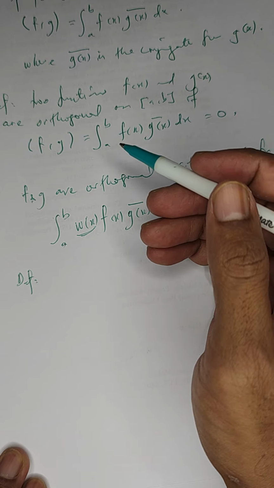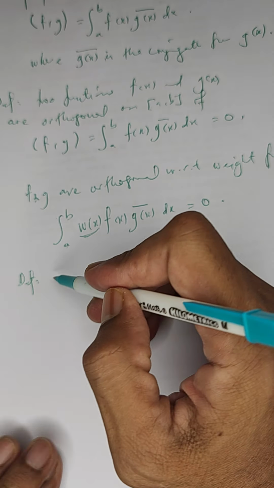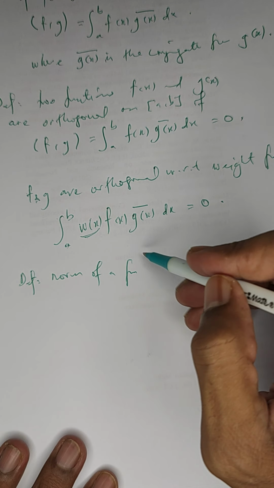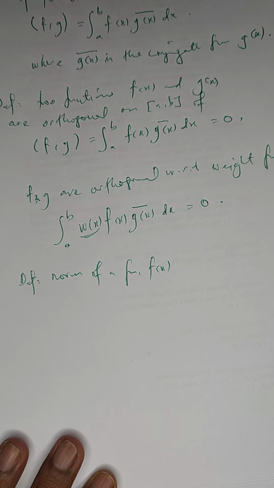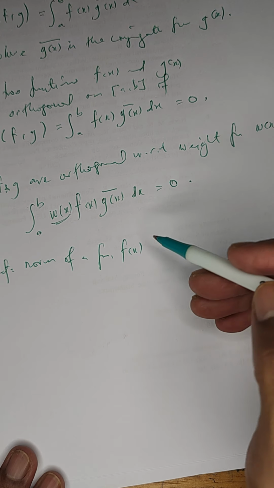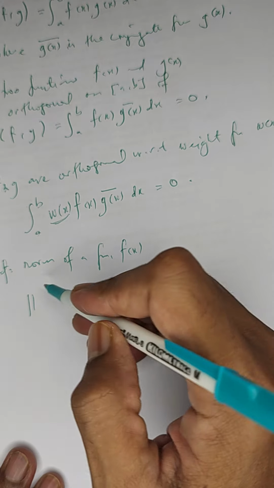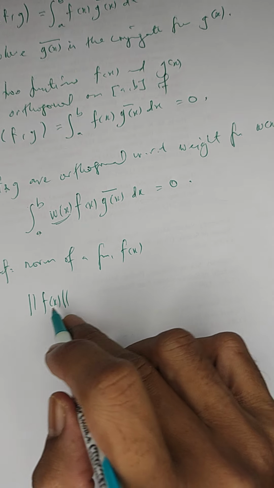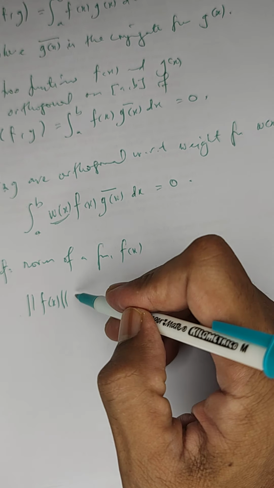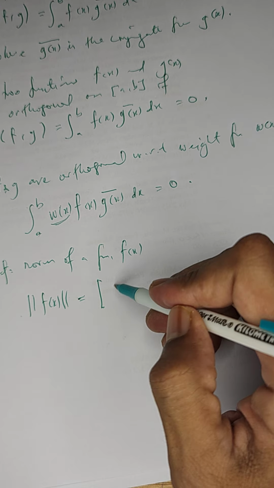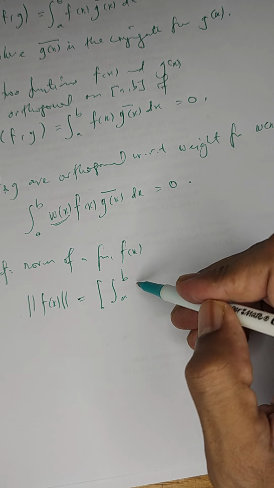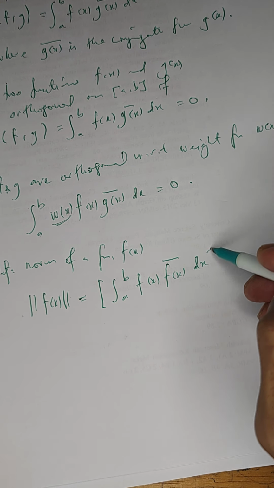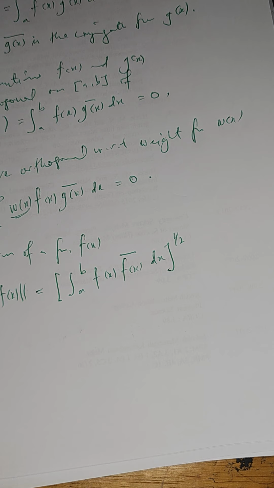Definition. The norm of a function f(x), which we normally denote as ||f(x)||, is equal to the integral from a to b of |f(x)| squared dx, to the power of one half.